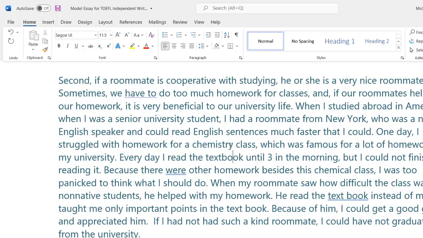Every day I read the textbook until 3 in the morning, but I could not finish reading it because there was other homework. I'm going to change this to was, because homework is actually an uncountable noun. And when you say there, you have to look at what the verb is, and the subject comes after that. So there was other homework besides this chemistry class.